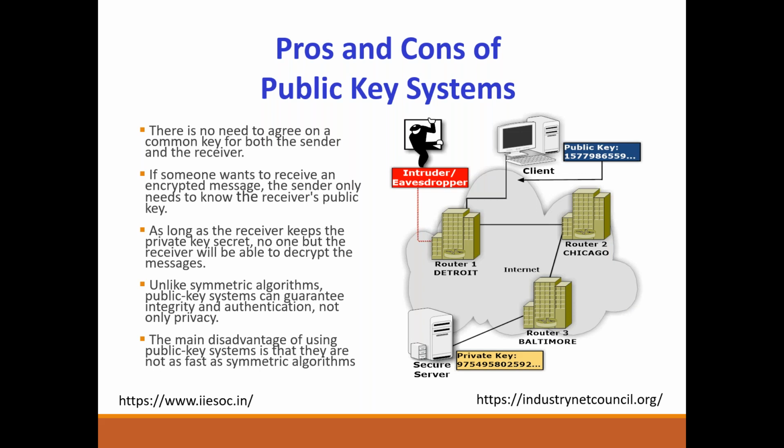Public key systems, the idea is that you can share secrets without both parties having to know what the secret is ahead of time, because if you had to know what the secret was ahead of time, that would become problematic. In fact, that's how things used to be in the past, they had actual human beings giving people the keys that they need.